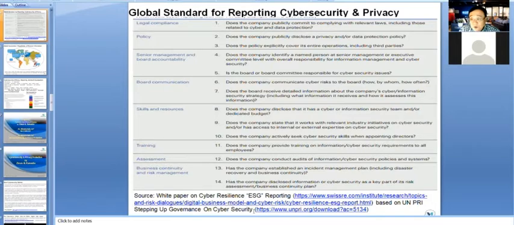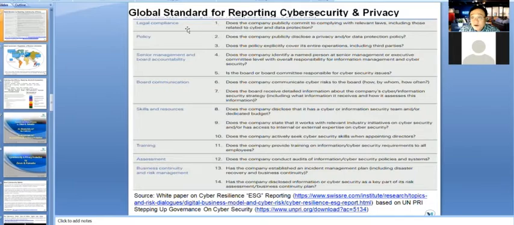This is one example of what you need to report and disclose related to cybersecurity and privacy protection. This is not a global standard, just an example form. This kind of information might be a guideline when you prepare your ESG report on cybersecurity and privacy, to make a more measured review.